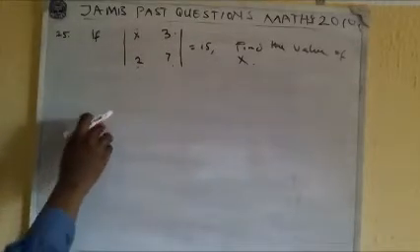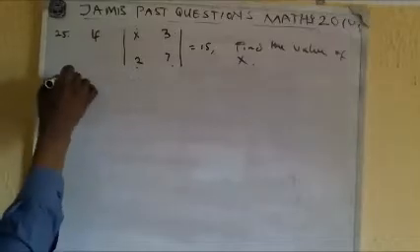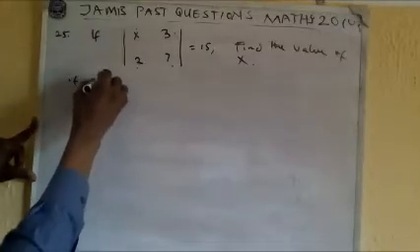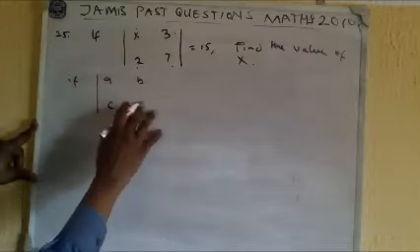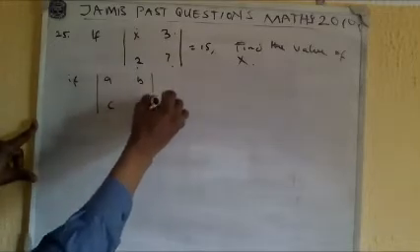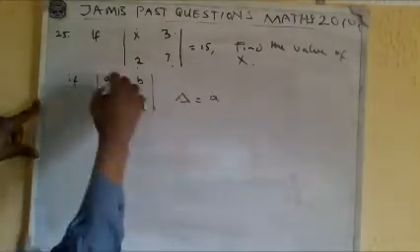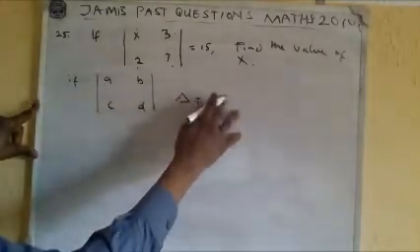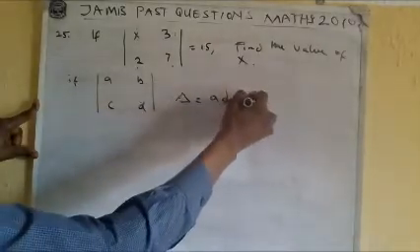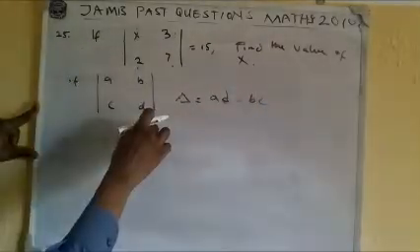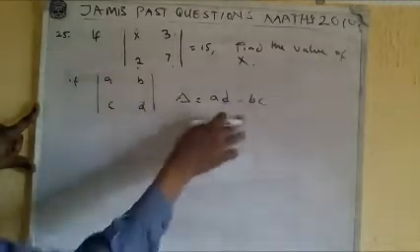Okay, I go again. Let's say if we have a matrix like this, A, B, C, D, the determinant is equals to A times D minus B times C. That is this times this minus this times this, that's the determinant.